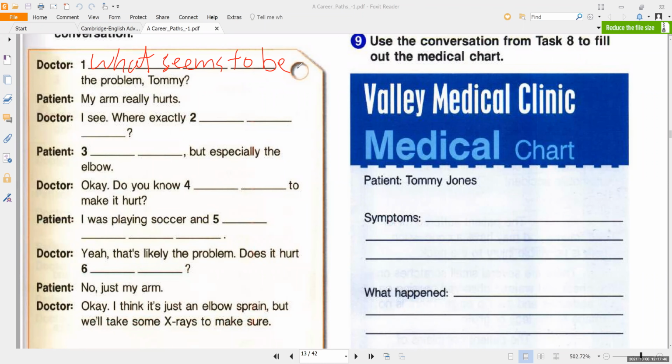What seems to be the problem, Tommy? Let's finish. My arm really hurts. I see. Where exactly does it hurt? Where exactly does it hurt?